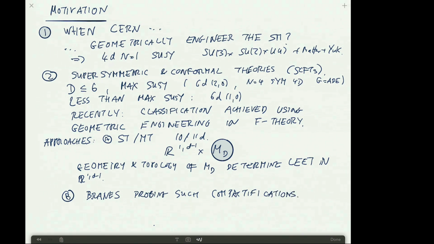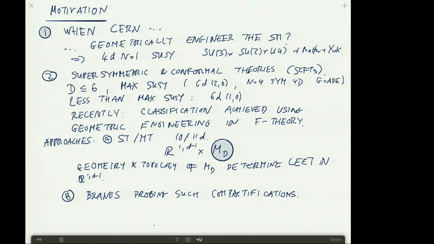And it's usually very essential to find ways of seeing when exactly a certain geometric property results in a feature in the gauge theory when I probe it with branes or if I compactify it to lower dimensions.